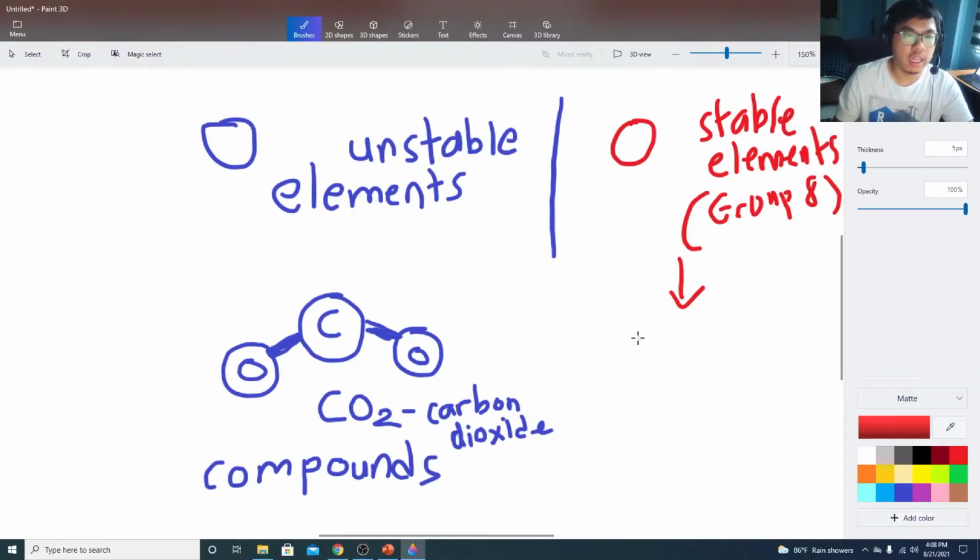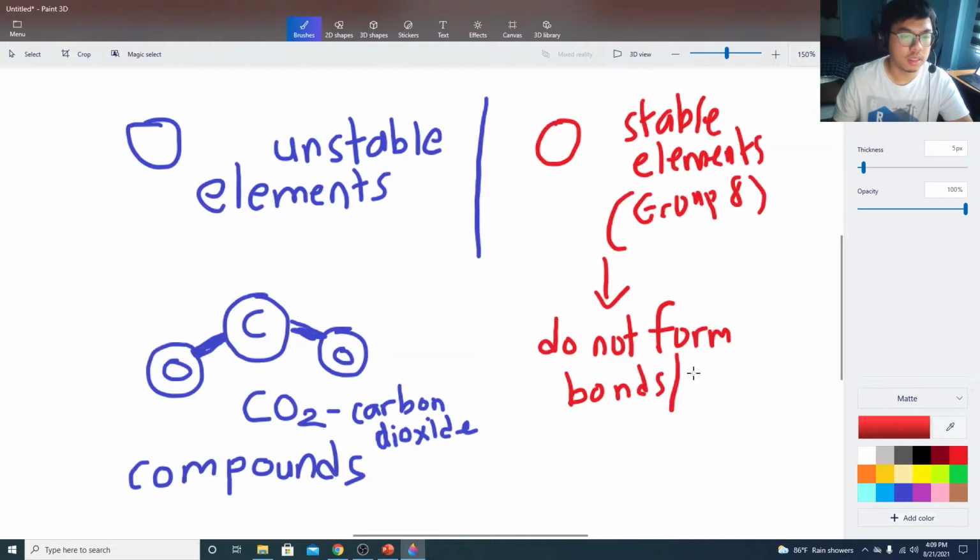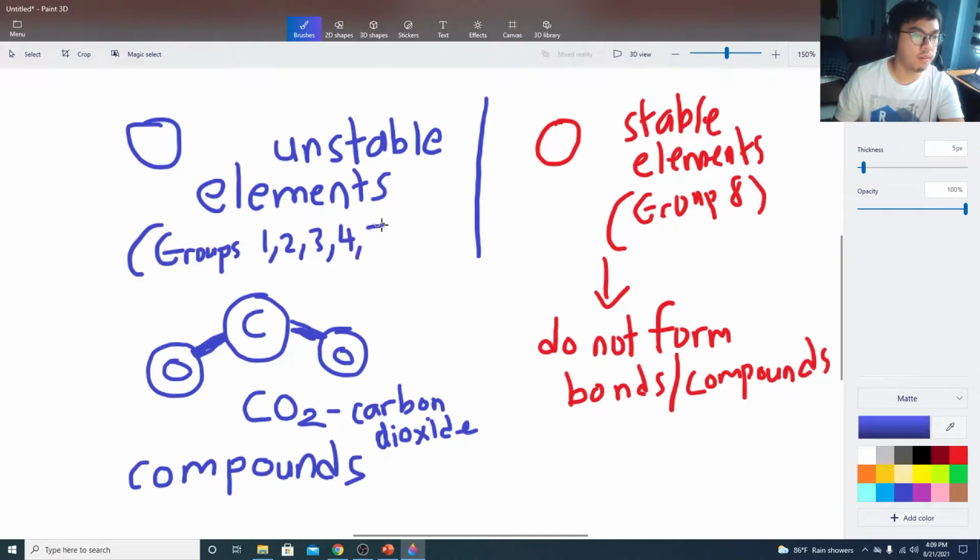So that's why stable elements do not form bonds, or otherwise they do not form compounds. They are usually on their own, just one of them. Elements in other groups, so groups 1, 2, 3, 4, 5, 6, and 7, are unstable and they form compounds with each other.